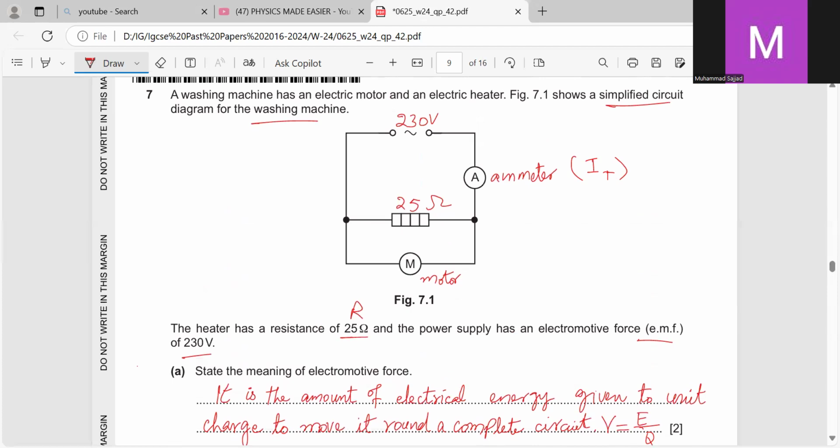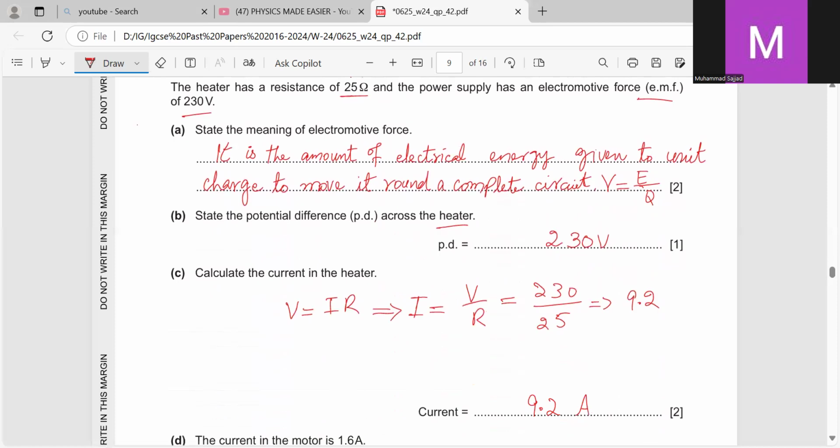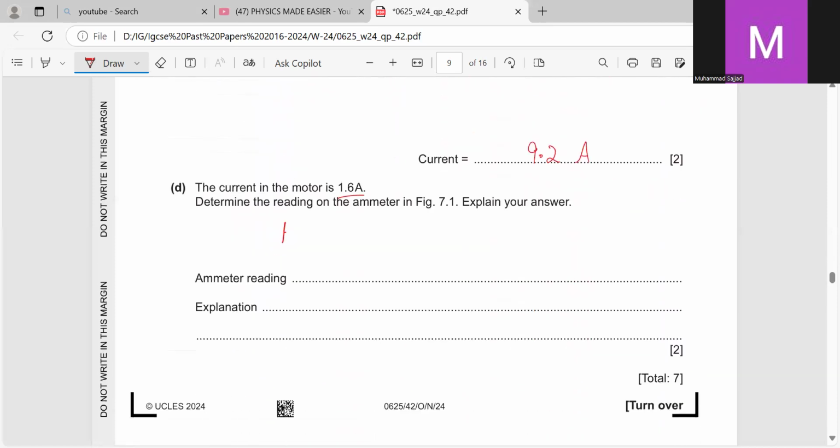When resistors are connected in parallel, the total current is equal to the sum of the branch currents. So ammeter reading means total current we need. I total will be equal to current through heater plus current through motor. The current through heater we have calculated already, 9.2, and the current through motor is mentioned as 1.6 amperes.